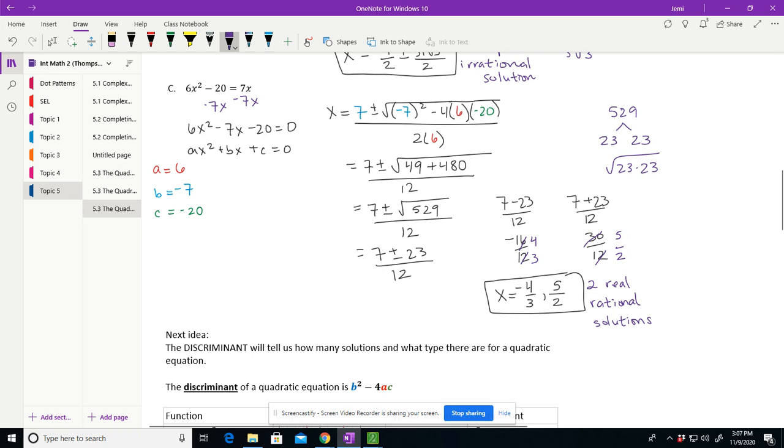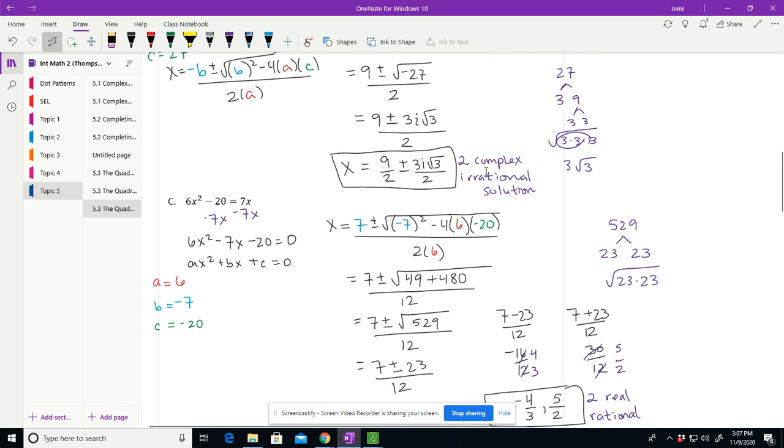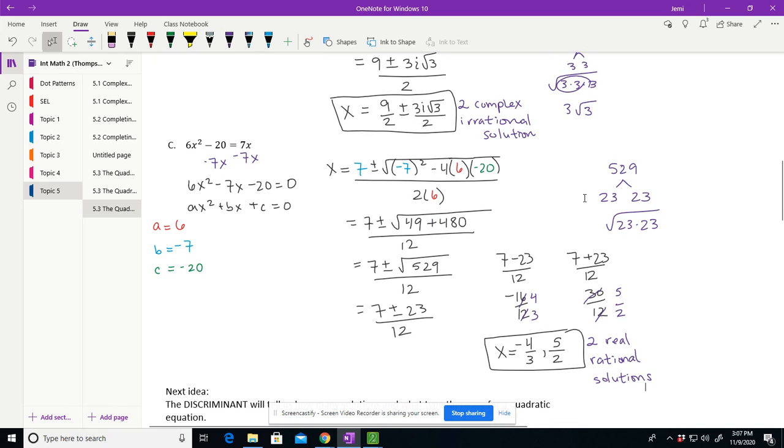Now we know when we're solving quadratics, I could have 2 solutions, 1 solution, or no real solutions, right? Now no real solutions is the same as having 2 complex solutions because those are imaginary. And there's not an example here of 1 real solution, but I'm going to show you that below.